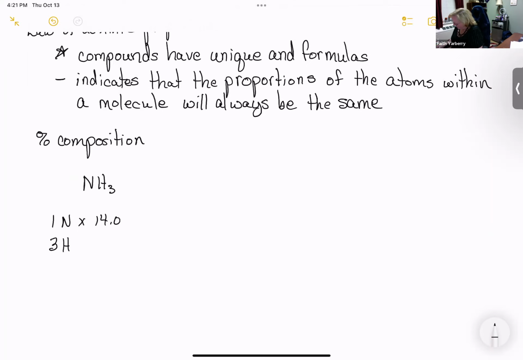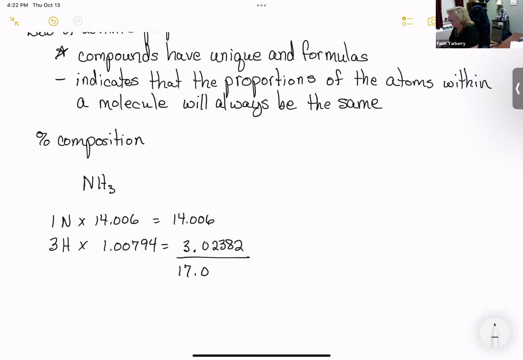Nitrogen has a mass of 14.006 and hydrogen a mass of 1.00794. The nitrogen contributes 14.006 to the overall structure, and the hydrogens contribute 3.02382, giving the mass of our ammonia as 17.02982.